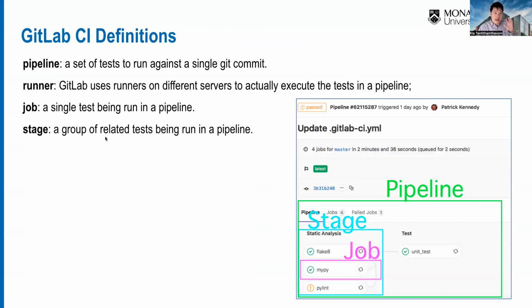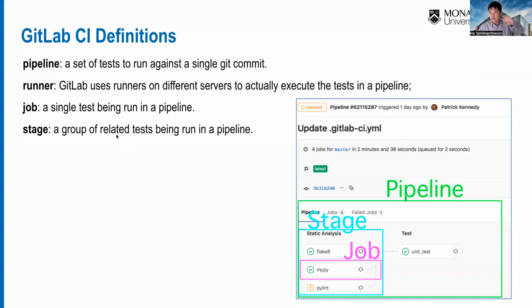And in the GitLab CI, right? These are the four terminologies that people often use, okay? First one is the pipeline. What is the pipeline that we are going to run, okay? So the pipeline is a set of tests to run against a single Git commit.